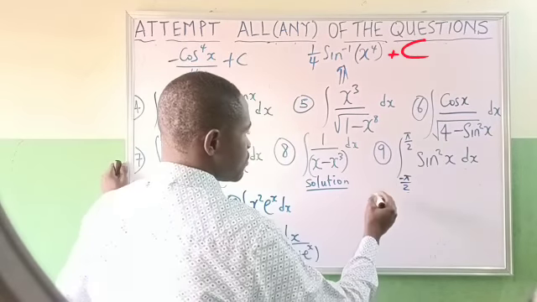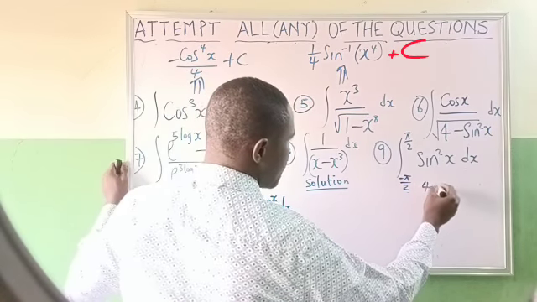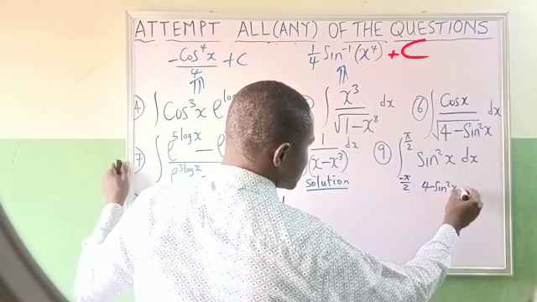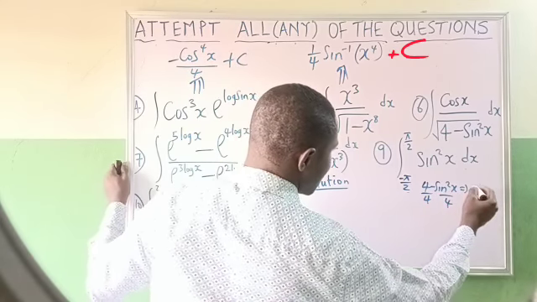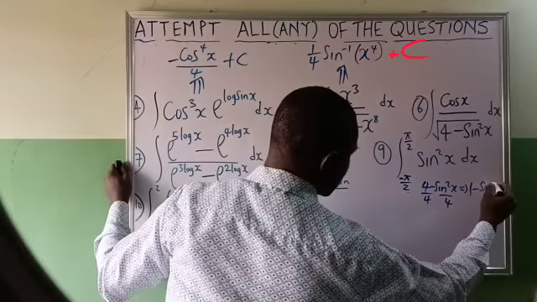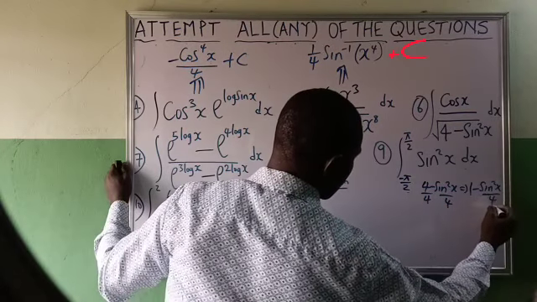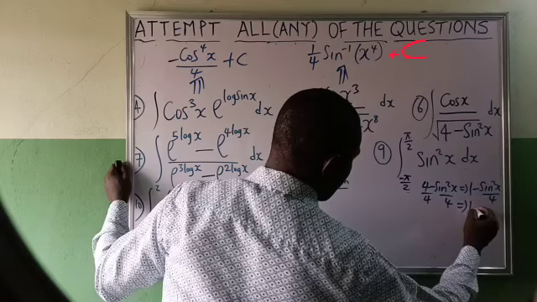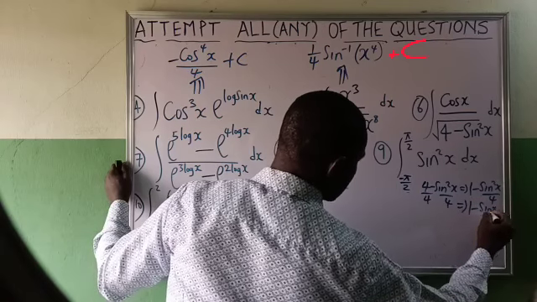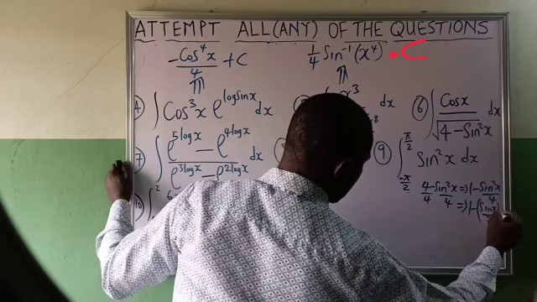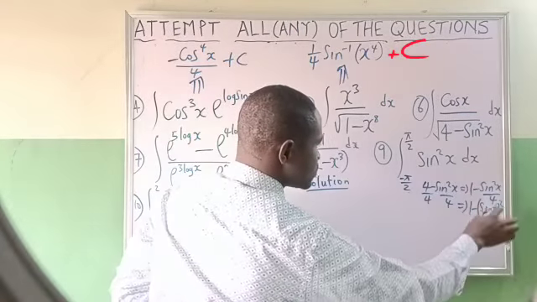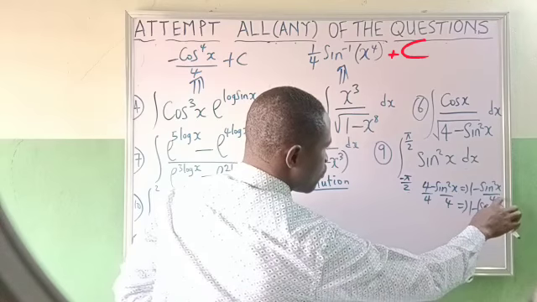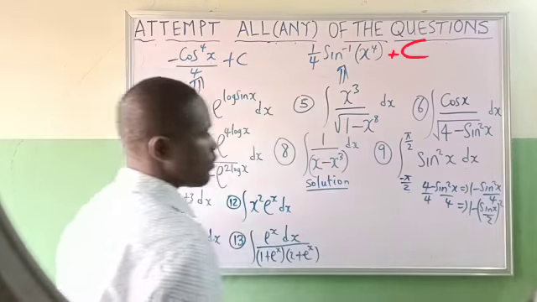Recall that 4 minus sine squared x, divide both sides by 4, is the same thing as 1 minus sine squared x all over 4. And the same thing as 1 minus sine x all over 2, all squared, because 2 raised to power 2 will give you 4.